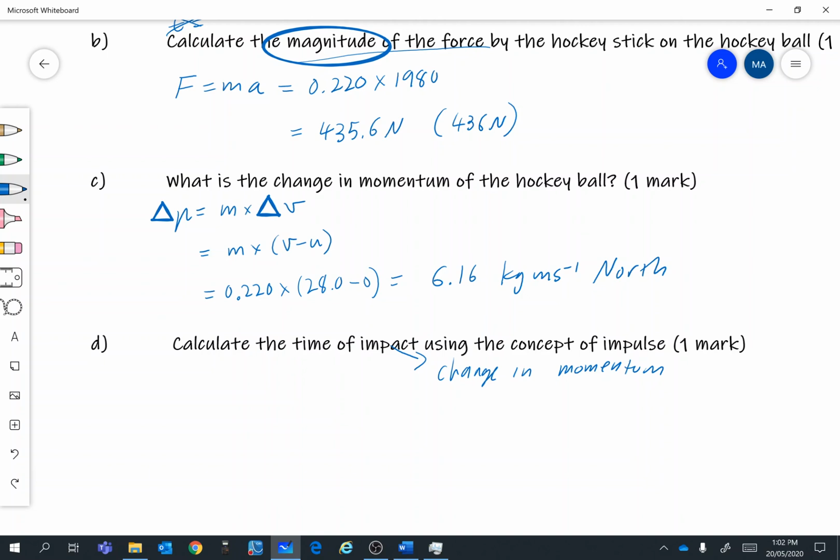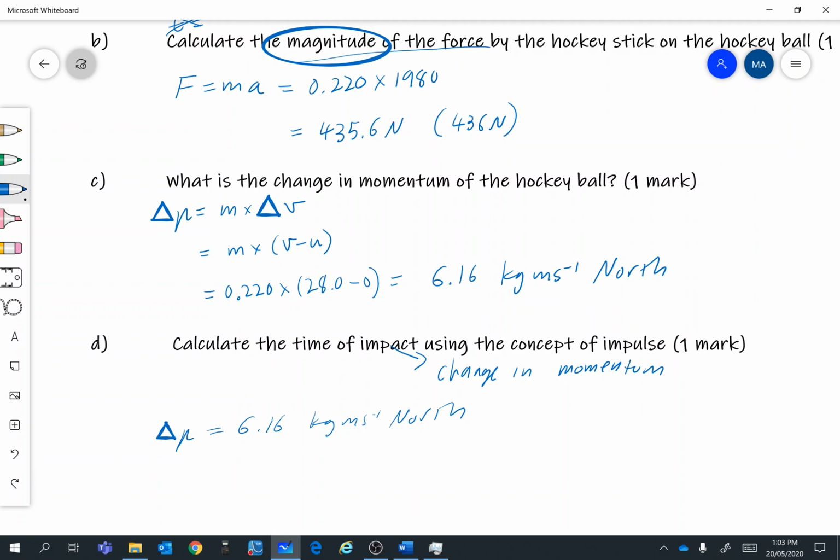Because this question asked us to do this using the concept of impulse, I'll go through it from that point of view. So impulse is a change in momentum. So change in momentum is equal to 6.16 kilogram meters per second to the north.